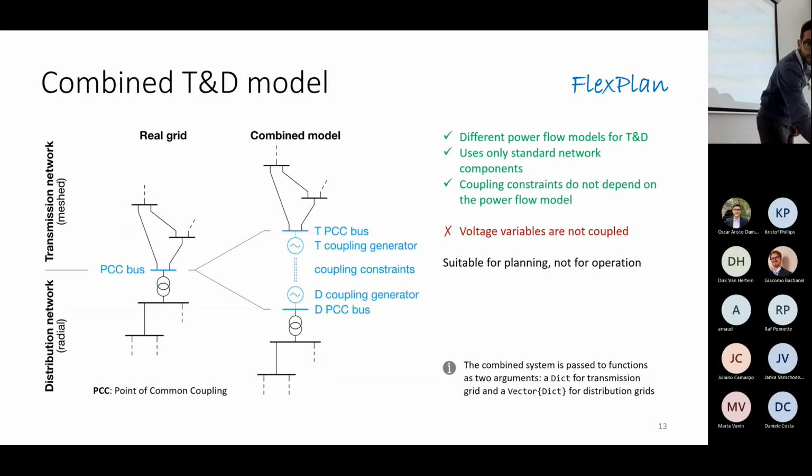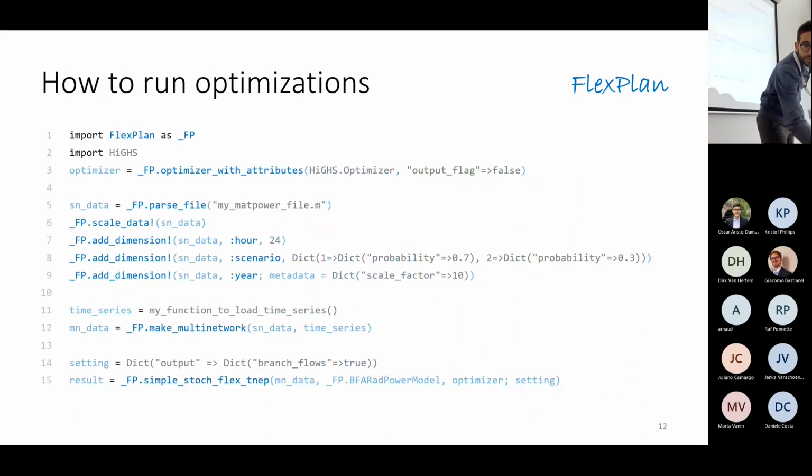So just to show you how the model might be built in the form of a tutorial. In the implementation, what is needed is at first to load the FlexPlan package, then to import a solver package to actually compute the optimization problem and to declare it.